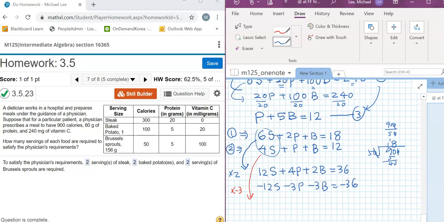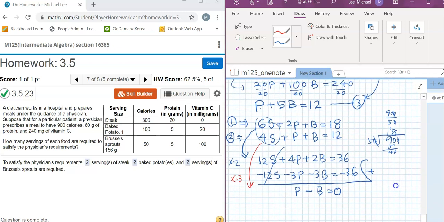So when I add these two, they cancel. So P minus B equals 0.